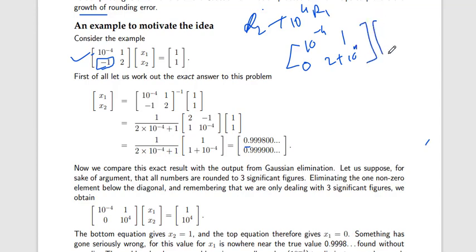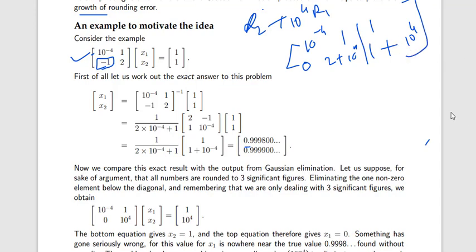Here this will be x1 and x2, which remain the same, and equal we transfer this into the augmented matrix. Here 1 and 1, the first 1 remains the same, and then 1 plus 10 raised to 4.